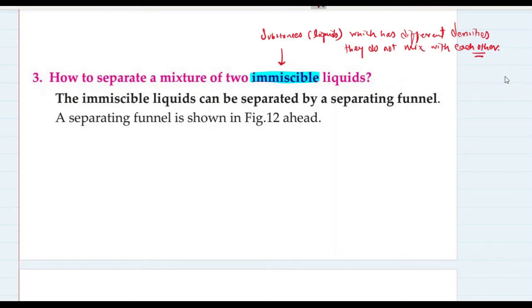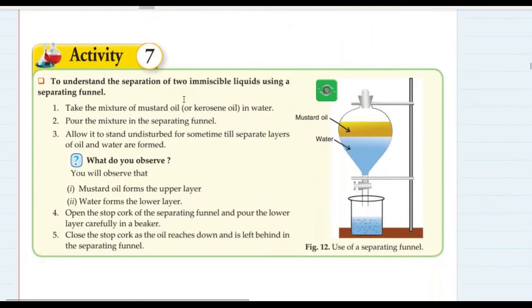The substances or liquids which have different densities and do not mix with each other are known as immiscible liquids. These immiscible liquids can be separated by a separating funnel.